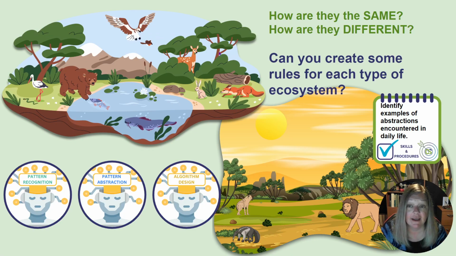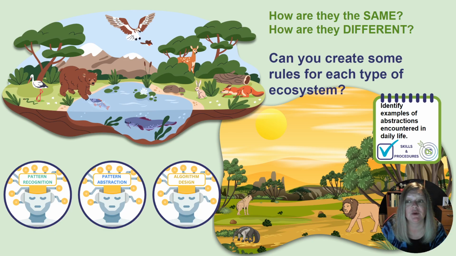We can move into comparing different ecosystems and how this is also going to connect into computational thinking. So this is that abstraction piece where we want to talk about how it is that we are abstracting by comparing these ecosystems.